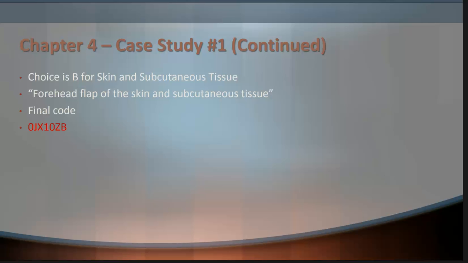So we choose B as our final selection for our last character value. And we have the code of 0JX10ZB for this fixing of a nasal tip defect with a flap from the forehead.